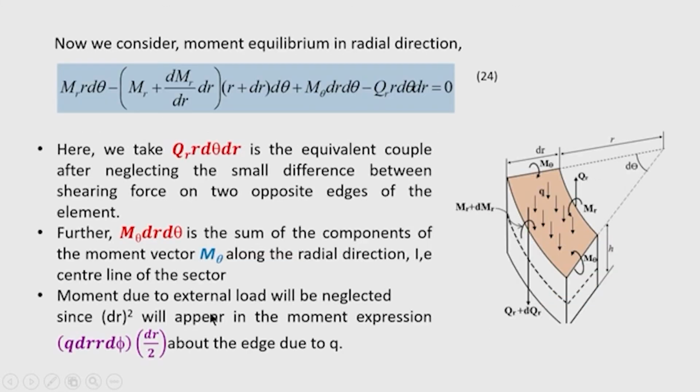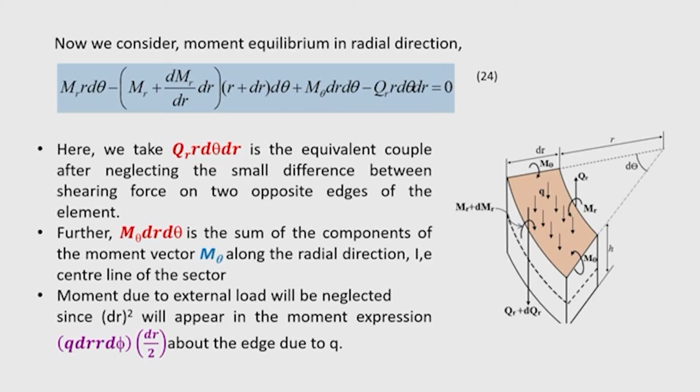Okay. Then the second equation is considered after taking the moment equilibrium. We consider moment equilibrium in the radial direction. Okay. So, if I take the moment equilibrium in the radial direction, on this side this is m_r, and the total moment along this side is m_r r dφ, because all the quantities are expressed in terms of quantity per unit length.